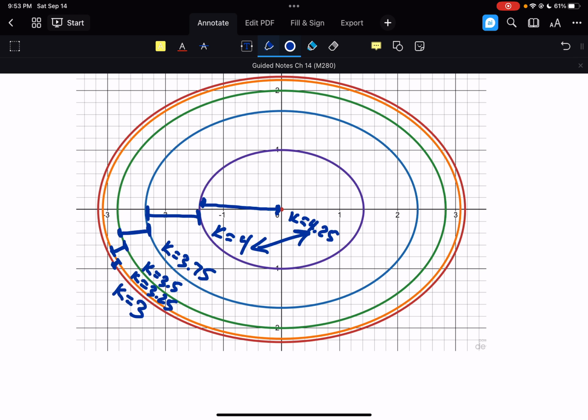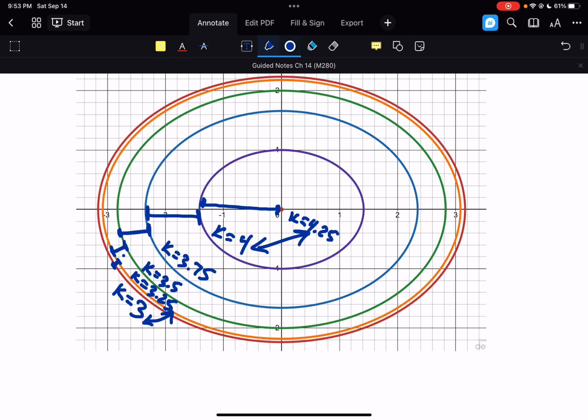It's only 0.25 height difference, just like these two are. But this one took this long to go from 4 to 4.25, whereas it only took this teeny tiny little distance to go from 3 to 3.25. So that means this is very steep, this is very shallow or very flat. And this is one thing that we can read from contour maps. So you can see that these values are getting more shallow as we go up the surface, right?